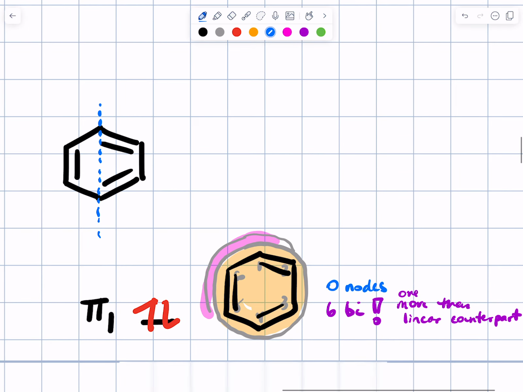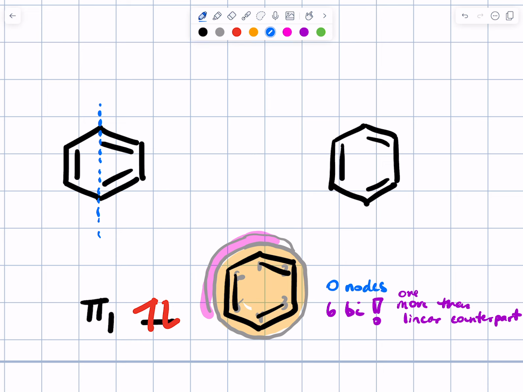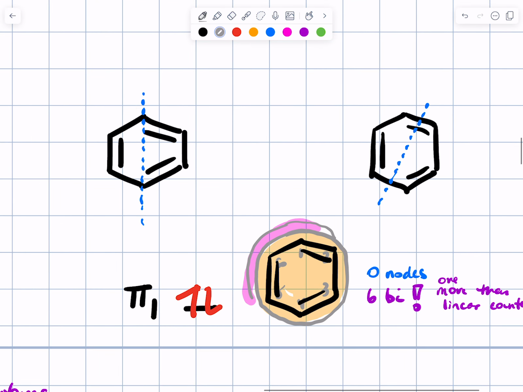You can draw it like this, where the node goes through atoms 1 and 4, or you could draw it like this, where the node goes through the space between atoms 1 and 2 and between atoms 4 and 5. Those are 2 equivalent and valid ways, while keeping the symmetry of the molecule, to draw orbitals with 1 node.